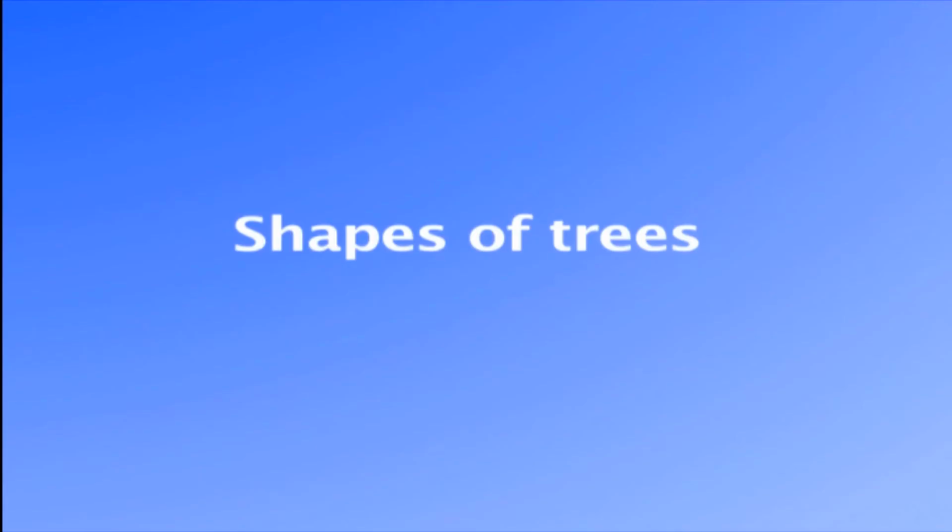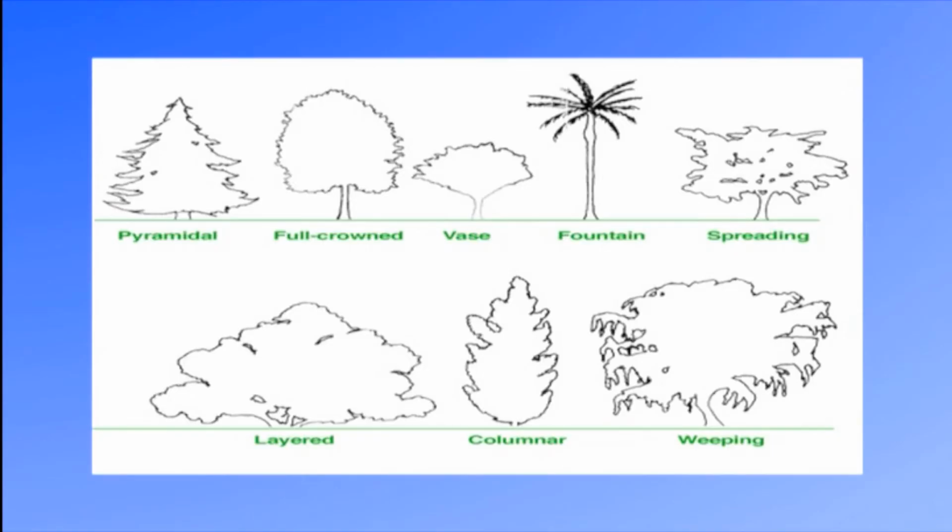We will talk a little bit about the form or shape of trees. Trees show a wide diversity in their size and form, with some trees as small as few meters tall to the ones as tall as 125 meters. They also display a variety of shapes determined by their genetic makeup and their environment.